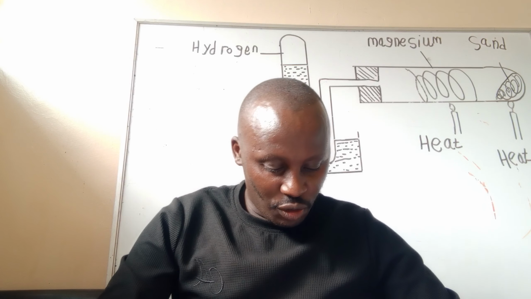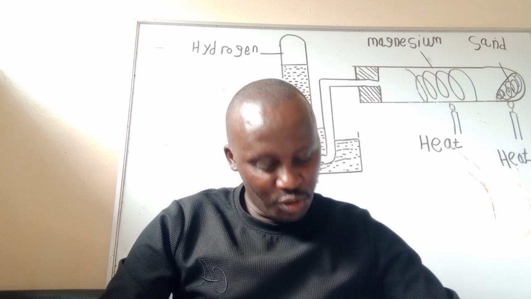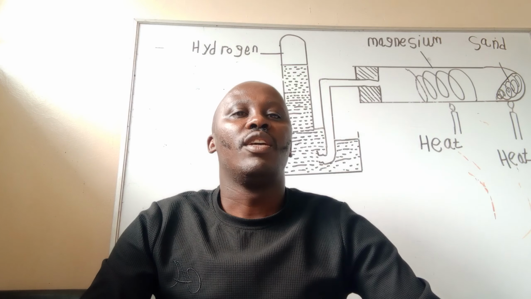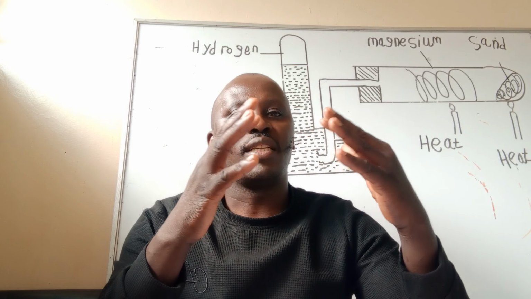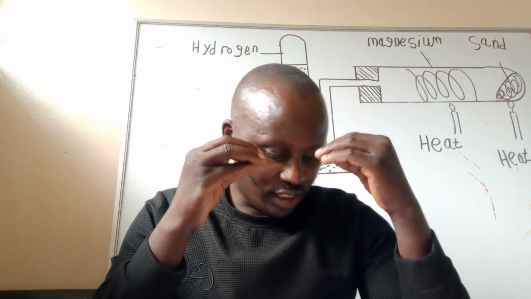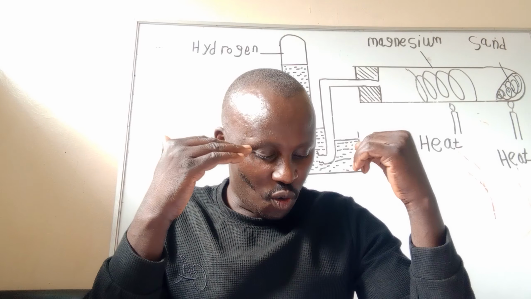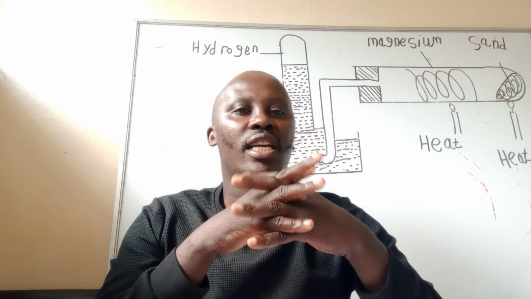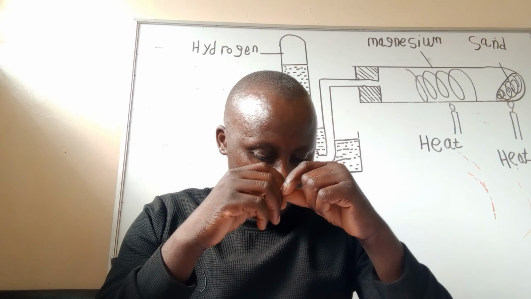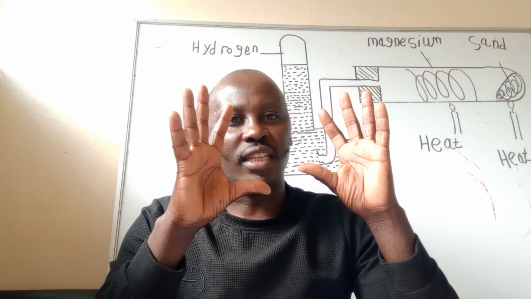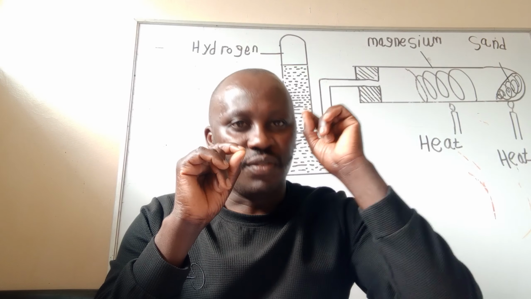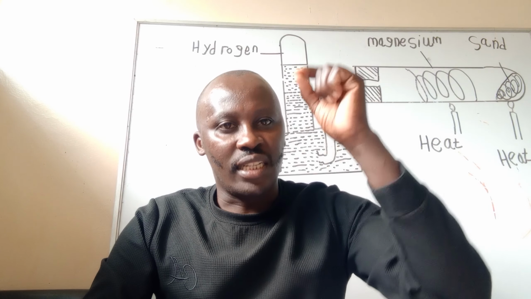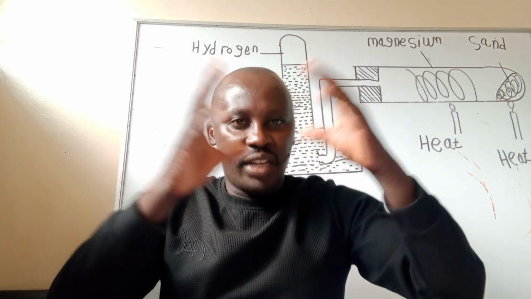There is this one also: give two disadvantages of using hydrogen as a fuel. So you can also get from here that another use of hydrogen is as a fuel. What are the disadvantages of using hydrogen as a fuel? The two disadvantages: number one, it is very expensive to obtain hydrogen, and number two, its reaction with oxygen is very explosive.